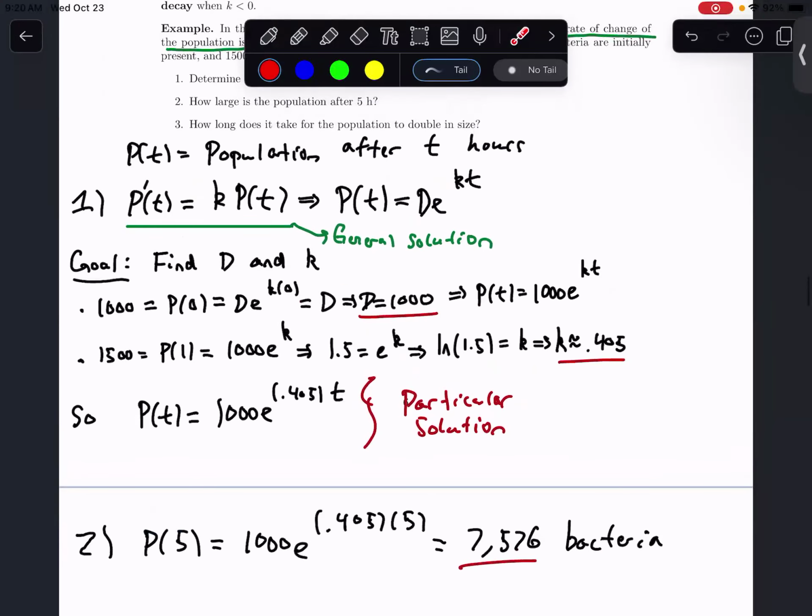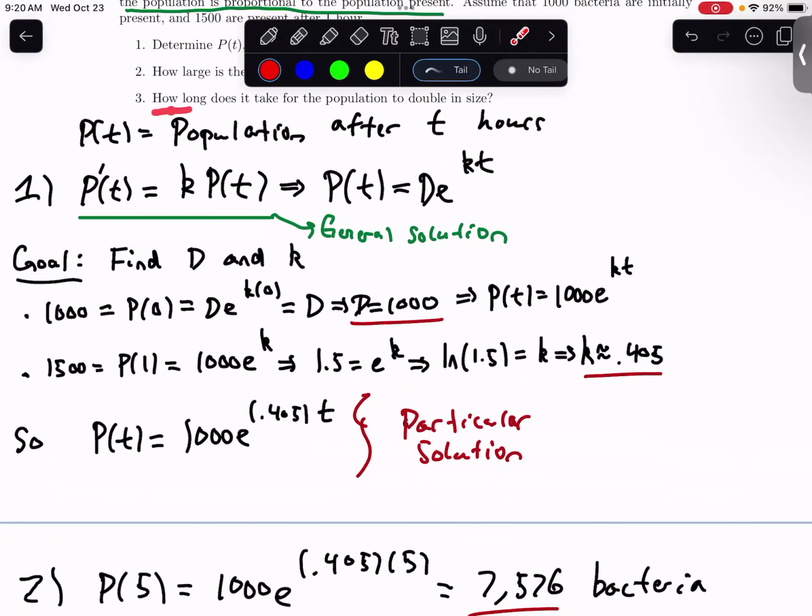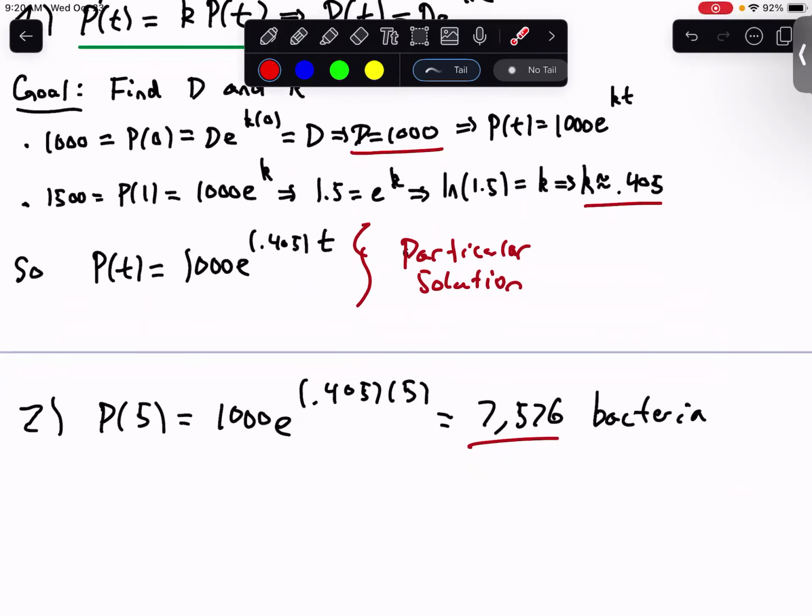And then part 3, this is a little bit more involved in that we're actually going to have to solve for what t is equal to. So for part 3, it wants you to determine how long it takes for the population to double in size. And so the initial population we had was equal to 1,000. And so for it to double in size, we want to solve for t when the population is equal to 2,000.